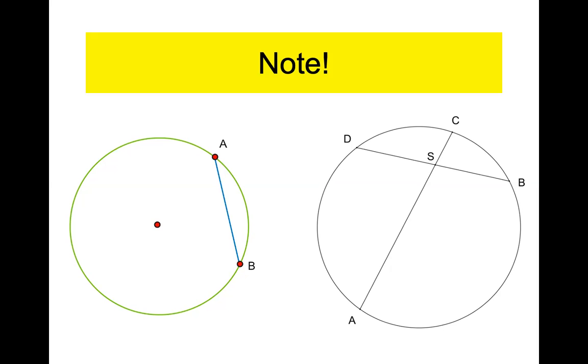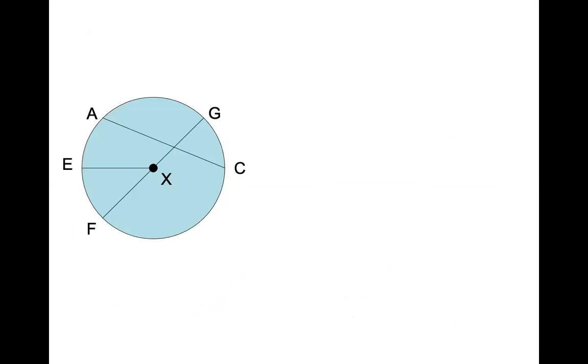Occasionally I'll get kids like, well, there wasn't a dot there. I didn't think there was a point. So here's your example. Notice there's no dot here. There's a dot in the center. Nathan, how many chords do you see? Name them. Chord FG.